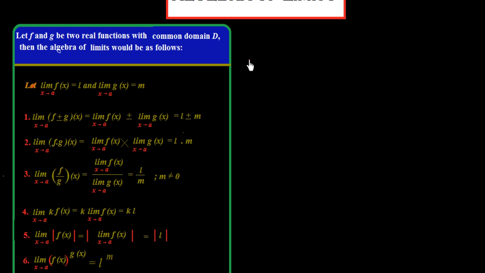First of all, we are taking f of x is equal to x square plus 3 and g of x is equal to x minus 1. So these two functions we have.